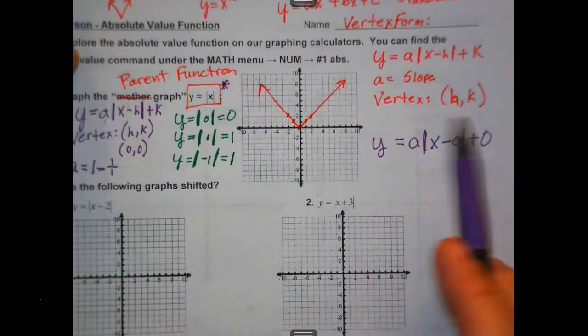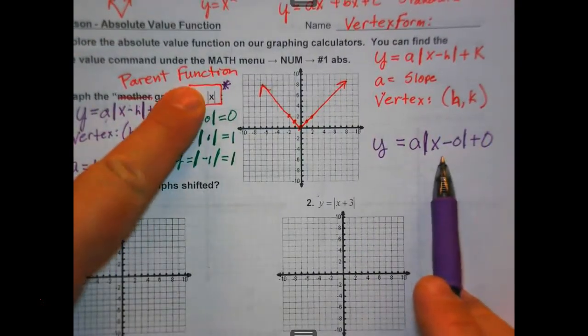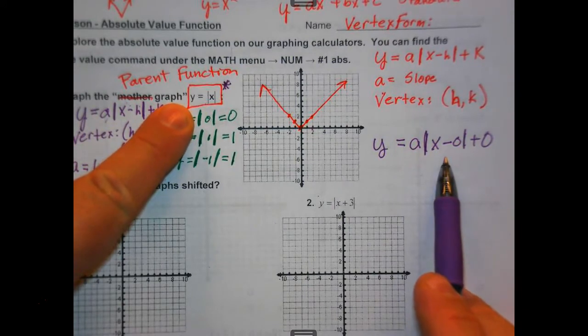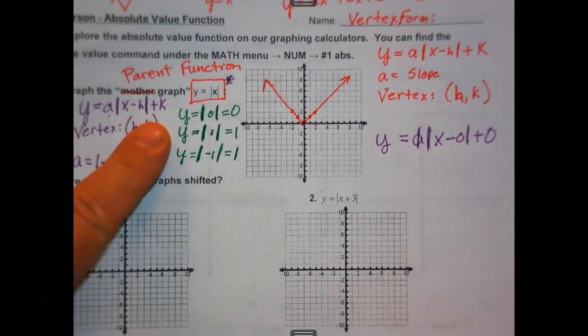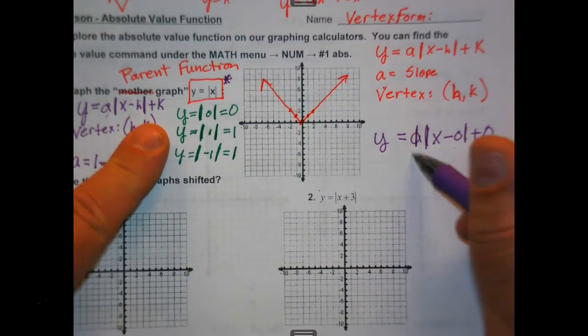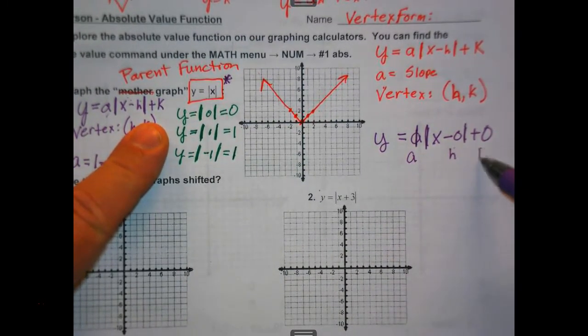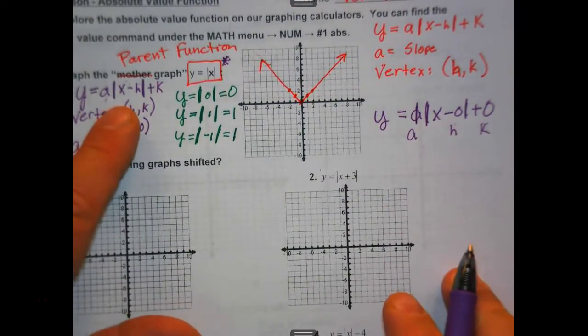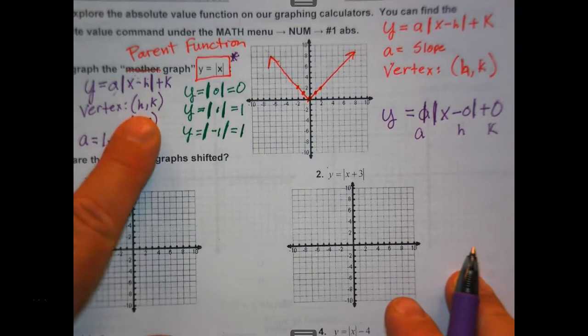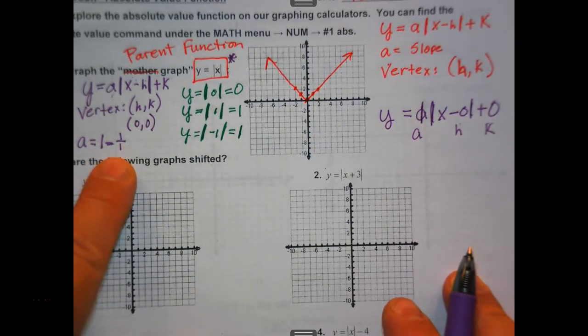That's the parent function in vertex form. My a has to be 1. This is my a, this is my h, this is my k. All I did here was pick off my h, k, and a.